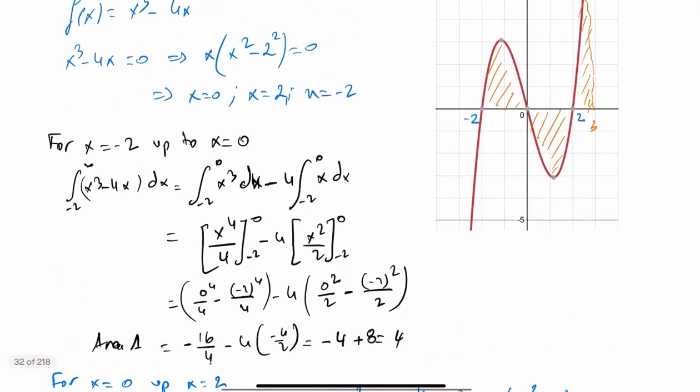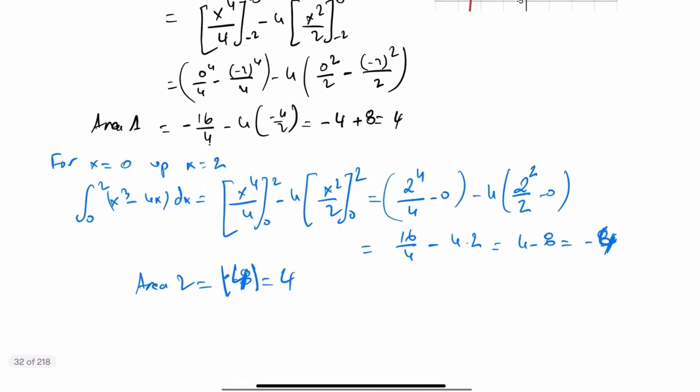We see our function is above the x-axis, so we don't need to take the absolute value. We just apply the integral directly.